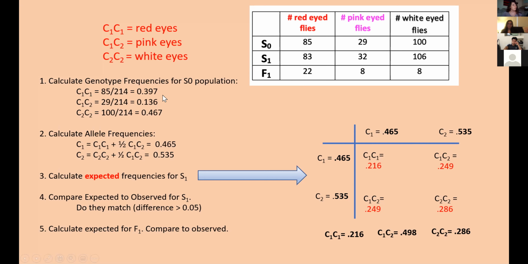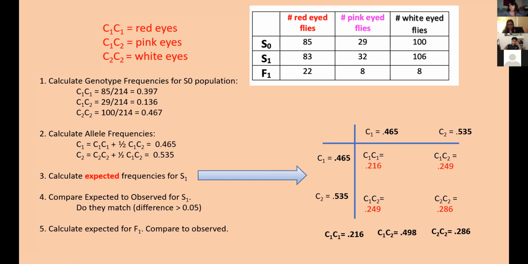Then you'll do this genotype frequency, which is the super easy number we saw, divided by the total number, for what we actually observed in the S1 and the F1 generation. You'll get these frequencies like we had gotten above, and you'll compare to what we expect to see. If the difference is greater than 0.05, then you'll say that they don't match, that they're pretty different.